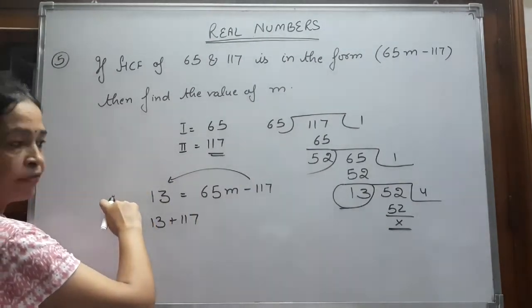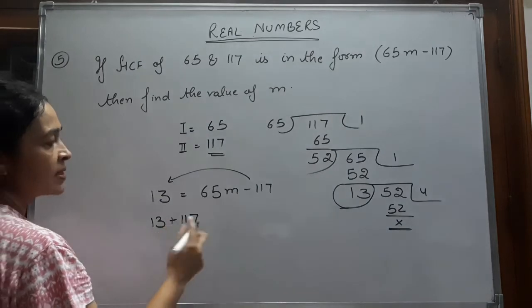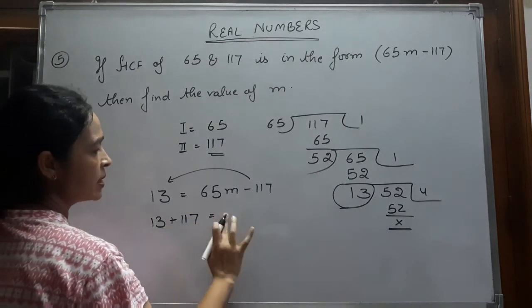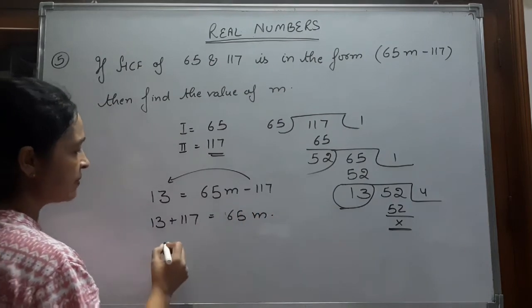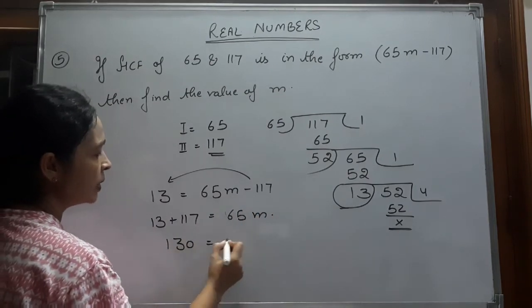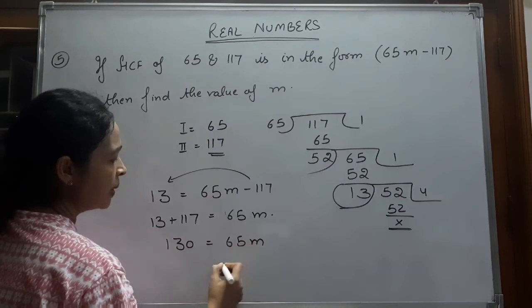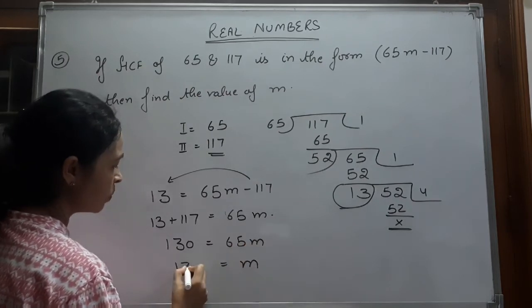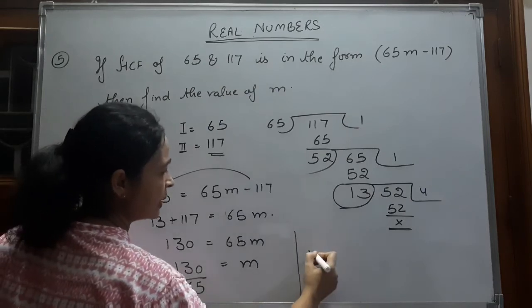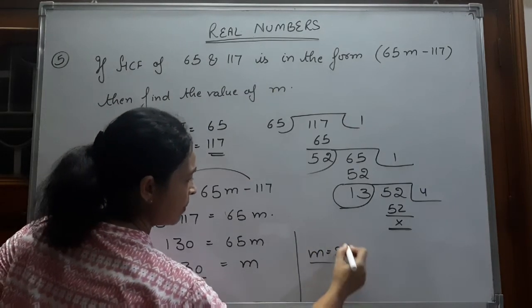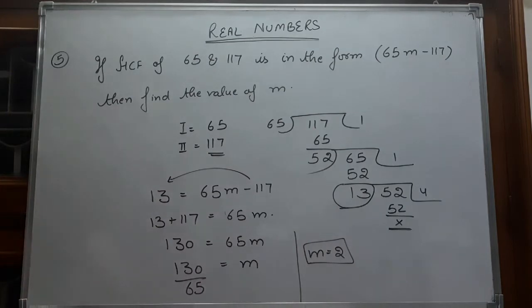When we take it to the left hand side, it is 13 plus 117, which equals 65m. 13 plus 117 is 130, equals 65m, and the value of m will be 130 by 65. 65 2s are 130. So the value of m is 2.